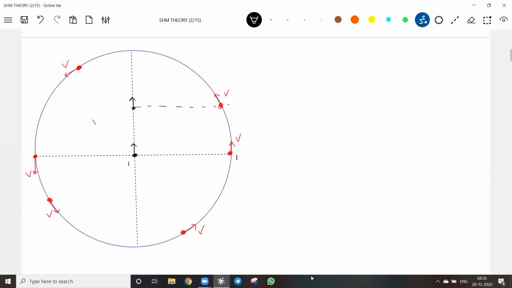When particle 1 is at a position, its projection will be moving with a velocity v2, v1, v4, v5, v6, and these are the very basic fundamental things.